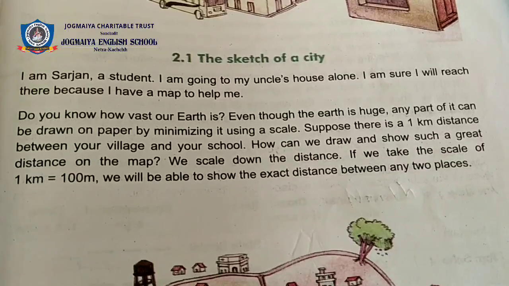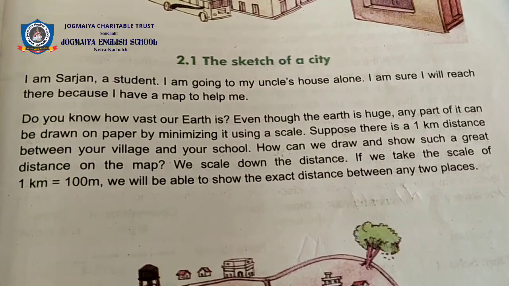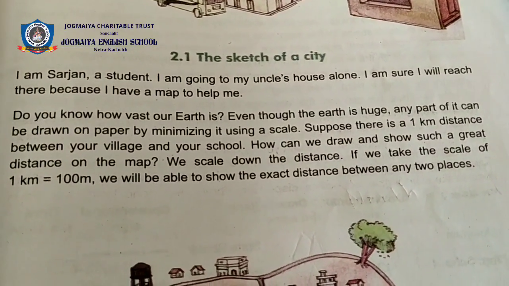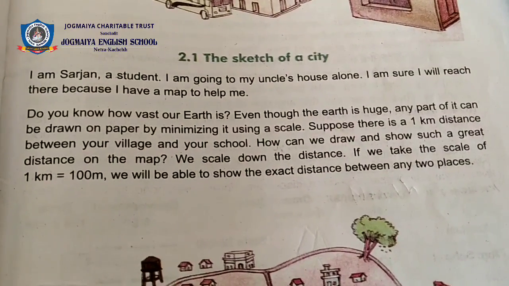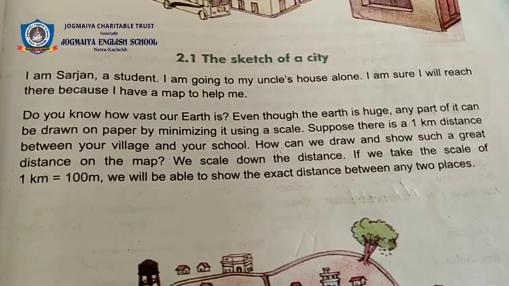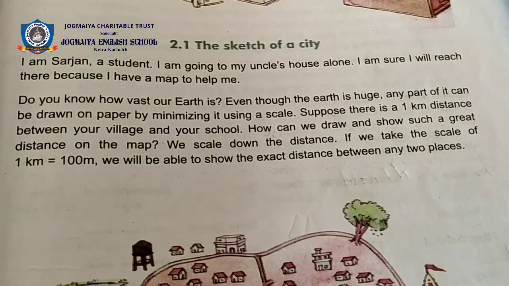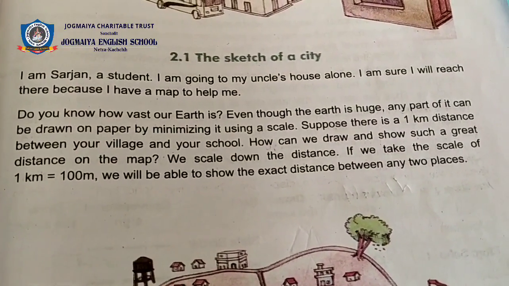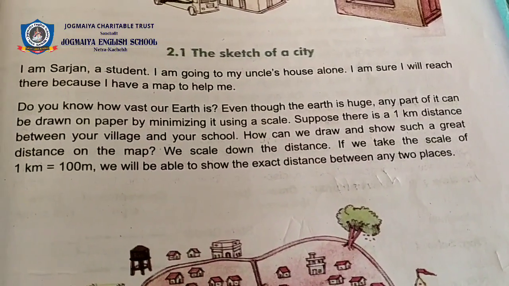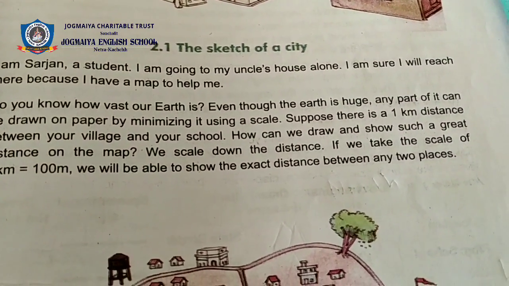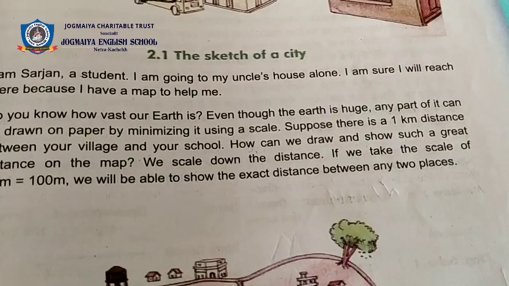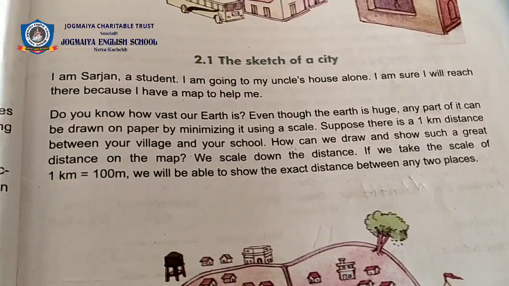Suppose there is a 1 km distance between your village and your school. How can we draw and show such a great distance on the map? We scale down the distance. If we take the scale of 1 km equal to 100 meters, we will be able to show the exact distance between any two places.